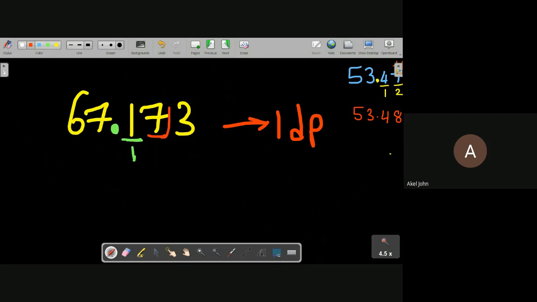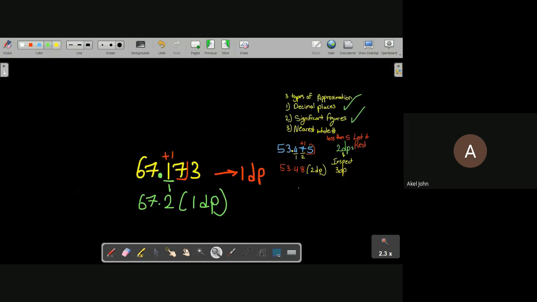And since it's 7, which is more than 5, you need to add a 1 to the left. So this is going to be written as 67.2. Again, to one decimal place. One more.